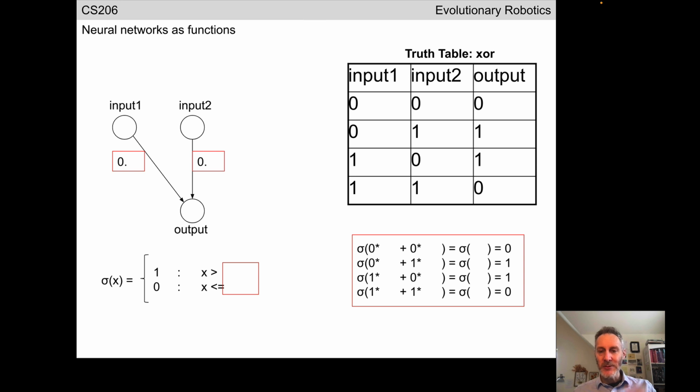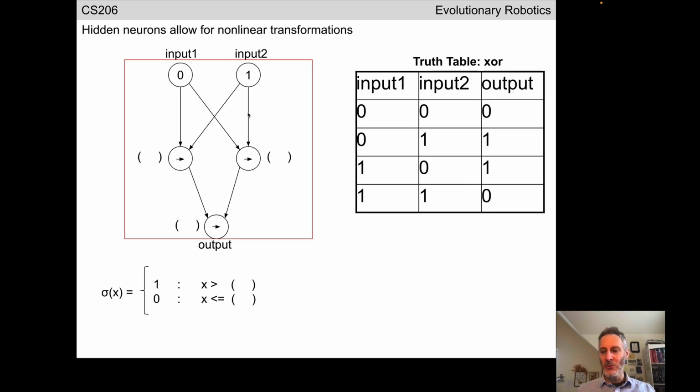What I want you to take away from this is that there are certain transformations that are not possible for simple neural networks, and we need to make larger neural networks to enable those more complex transformations. Why does this matter for us in evolutionary robotics? It matters because when we create our robot and try to evolve it to perform a task, there may, unbeknownst to us, be a particular transformation of the robot's sensations, its perceptions, into motor actions that it needs to be able to perform in order to do whatever task we want.